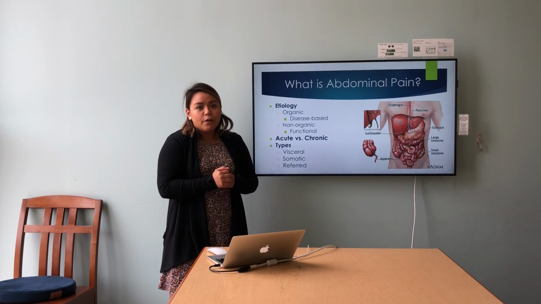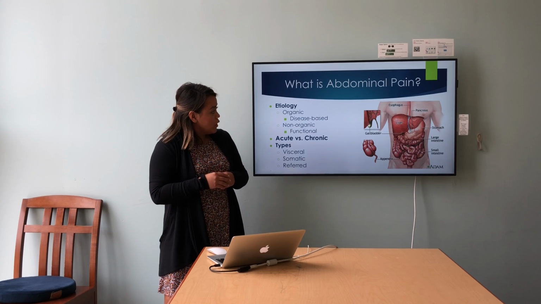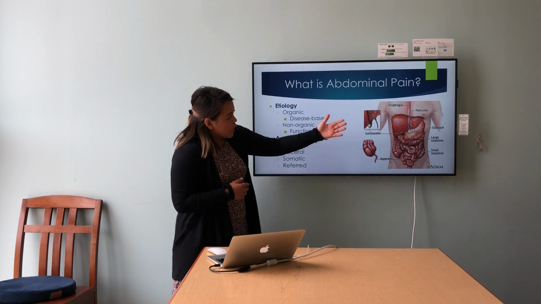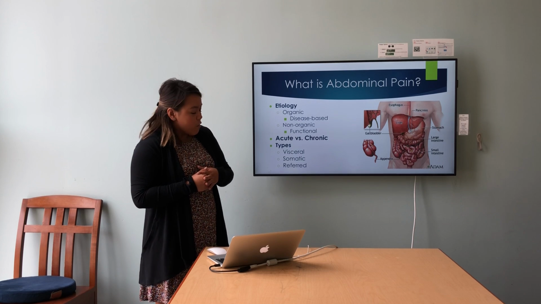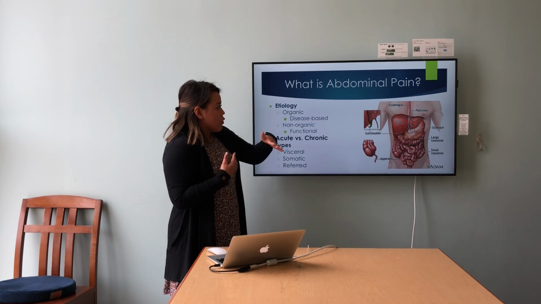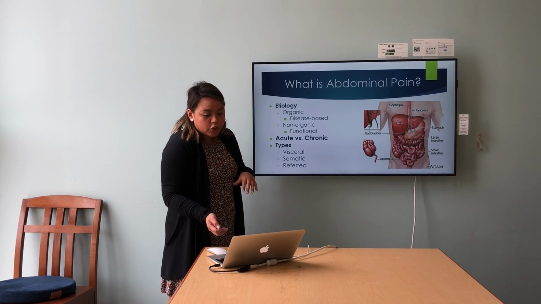So what is abdominal pain? Abdominal pain can be defined as a sensation of discomfort, distress, or agony in the abdominal region. I just have a little illustration that shows the complex organs included in the gastrointestinal area in the abdominal region.